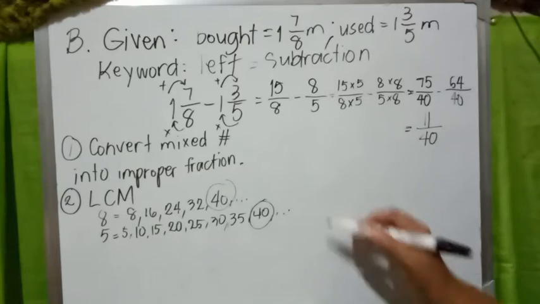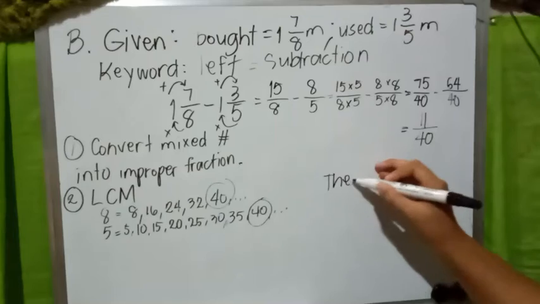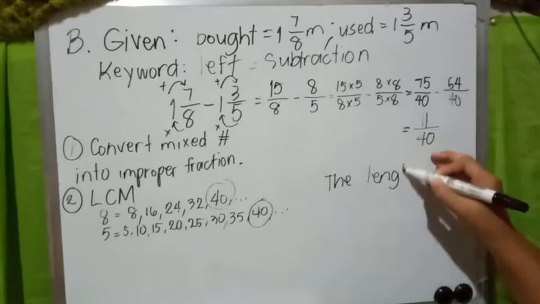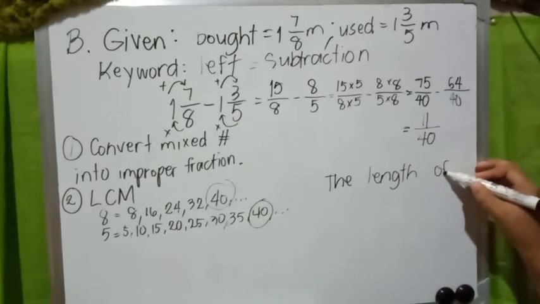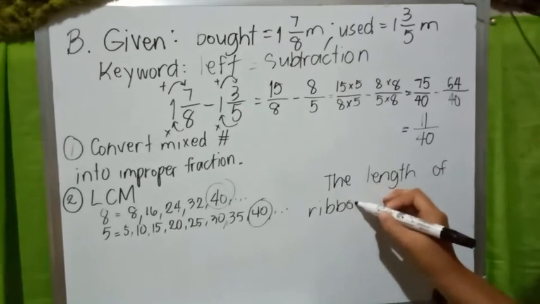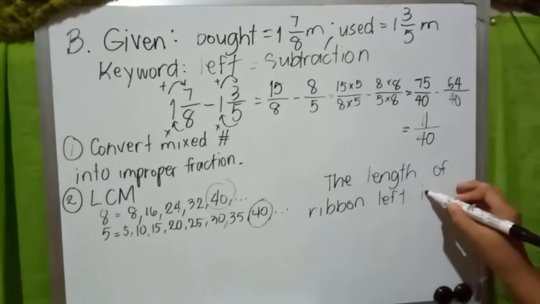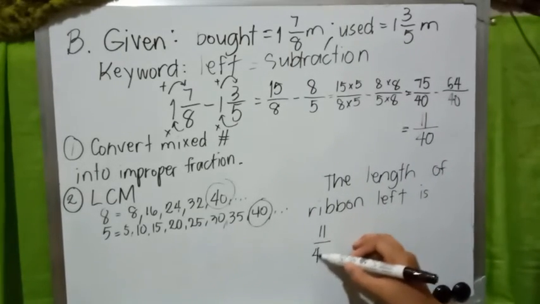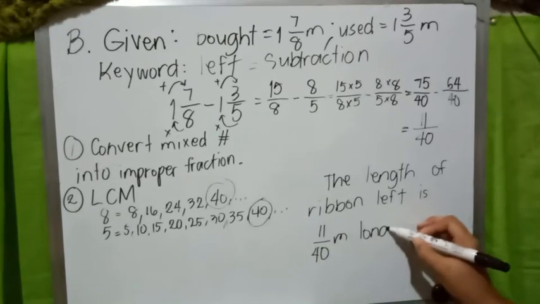So we can see that the length of ribbon left is 11 over 40 meters long.